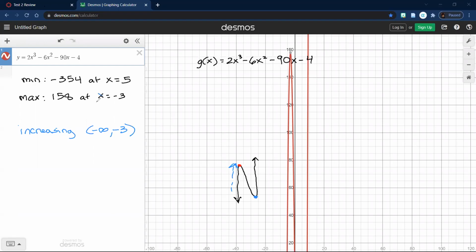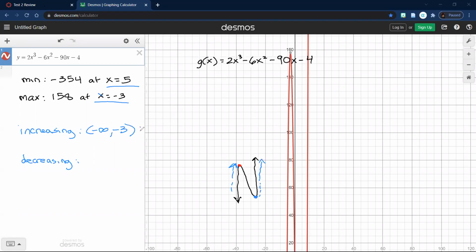Right, that's why it's really important to write this down, because we're dealing with x values when we're talking about increasing and decreasing. This helps us set our boundaries of where things start and stop. Does it pick back up again for increasing? Yes, it sure does. At the minimum, at x equals 5, it picks back up and goes up again.